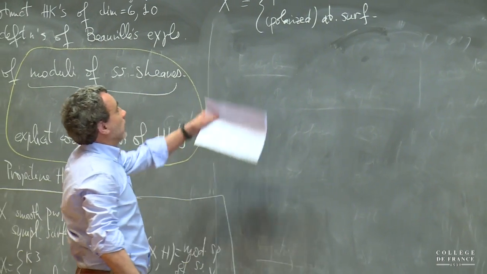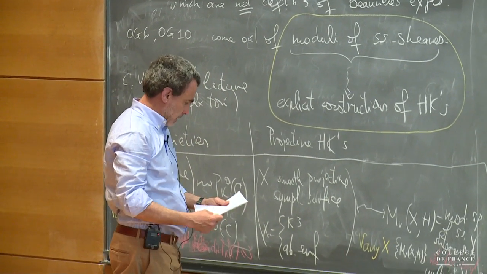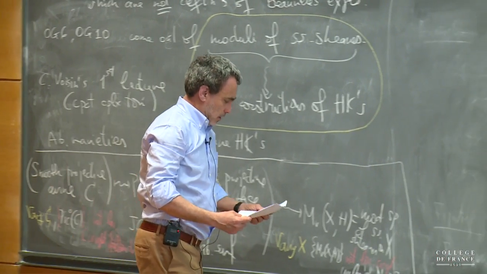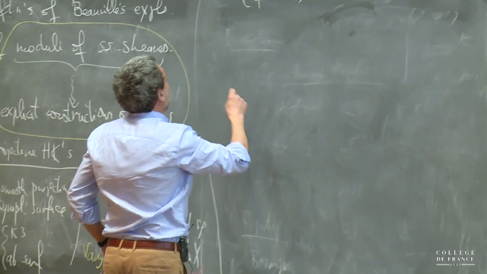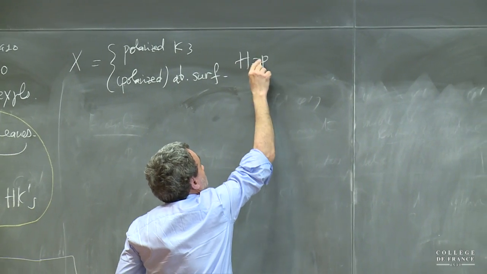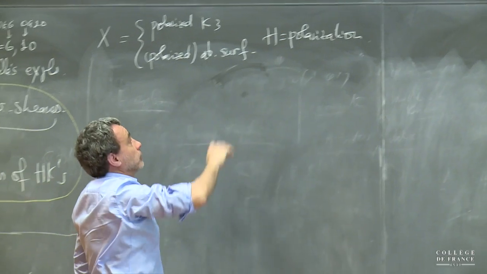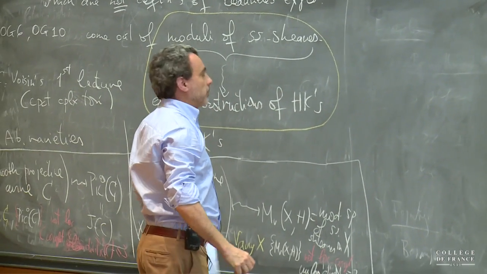So that's a smooth projective symplectic surface. And we want to consider H a polarization. So we choose one. We need one to define semi-stability.